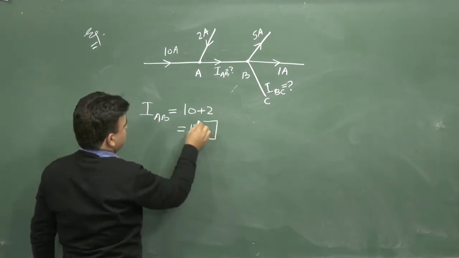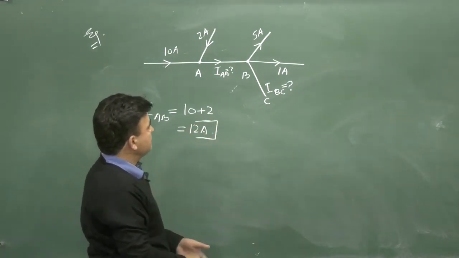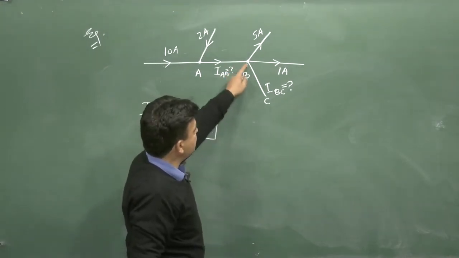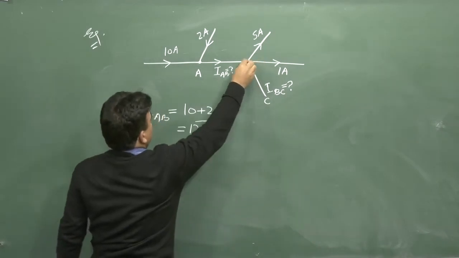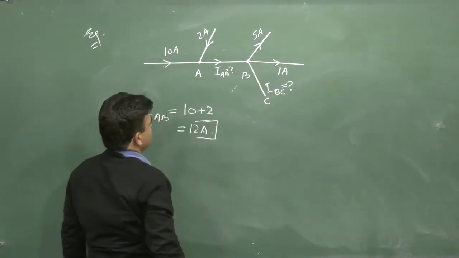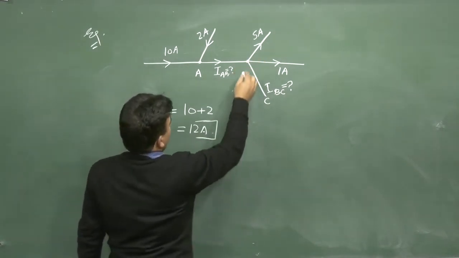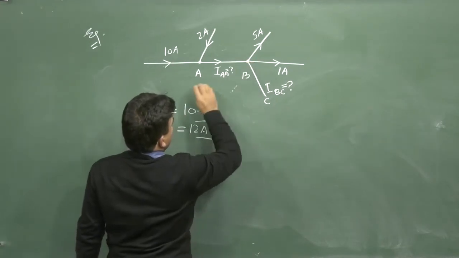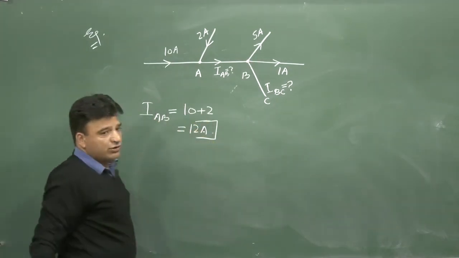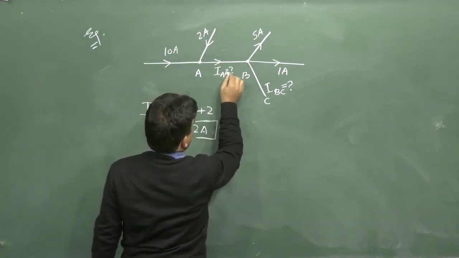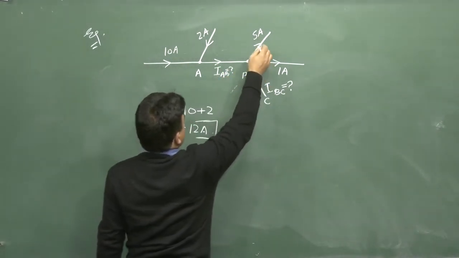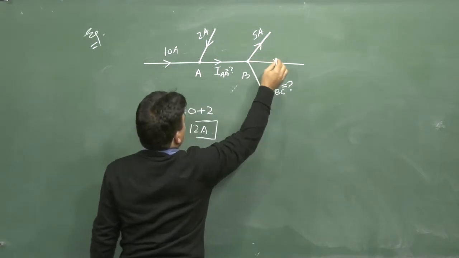Now, to calculate the current through the branch BC at junction B, here again we are going to apply Kirchhoff's current rule. We stated that sum of incoming current is equal to the sum of outgoing currents. So here the incoming current is IAB, outgoing current is 5 ampere and 1 ampere.